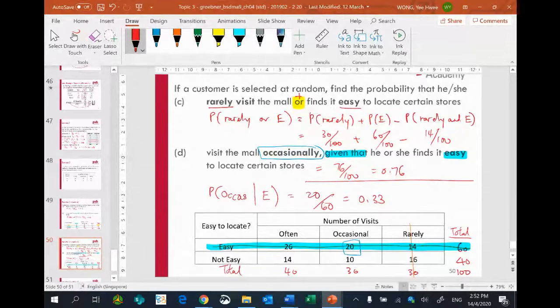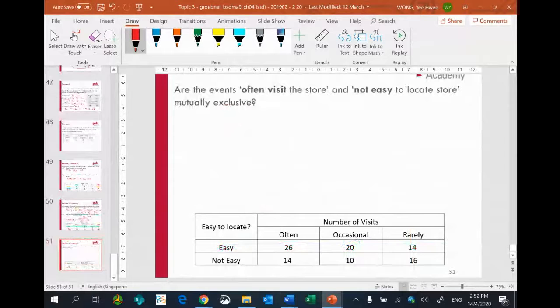So we have 4 types of questions here already. So we have the last question asking you some concept. Okay, asking you some concept.